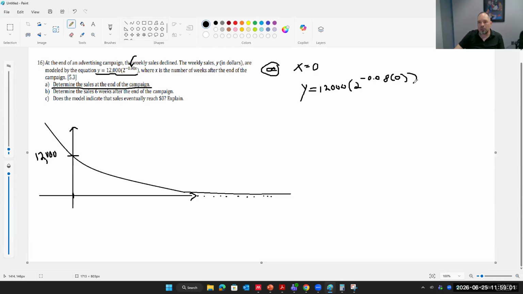Anything to the 0 power is 1. And so this is 12,000. So the tricky part is that it says at the end of the campaign, and you need to know that 0 is the end of the campaign. That's not obvious. This is at the end of the advertising campaign.